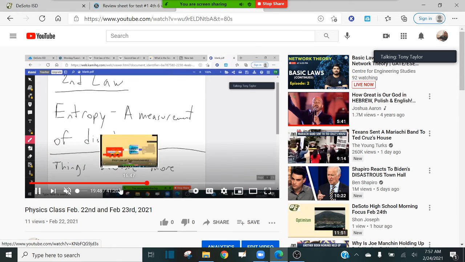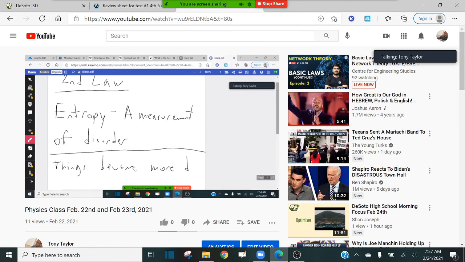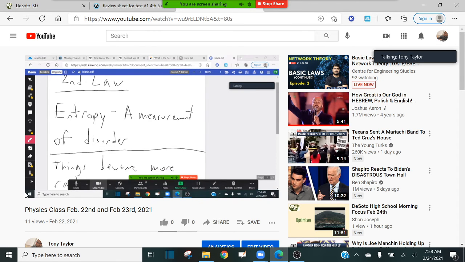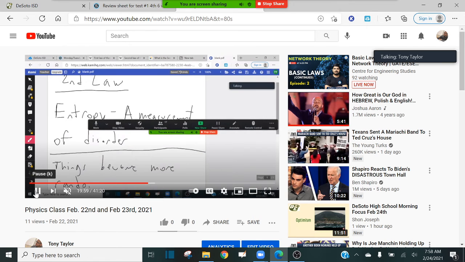Okay. On the test, there's a few questions involving the second law of thermodynamics. And remember what the second law of thermodynamics says. The second law of thermodynamics, which is the law of entropy, says that the entropy of an isolated system increases over time. I'm going to say that again.